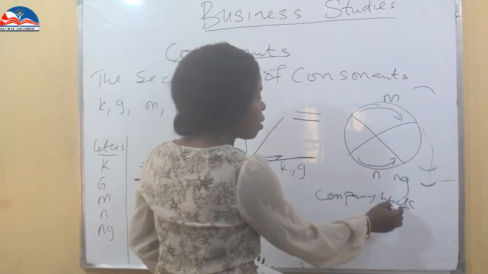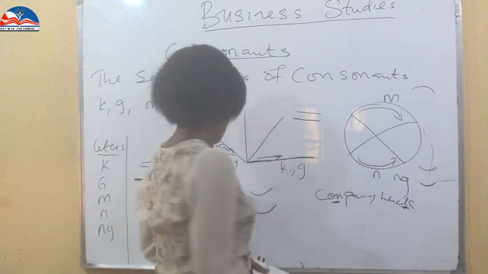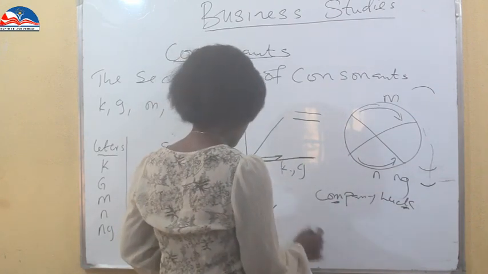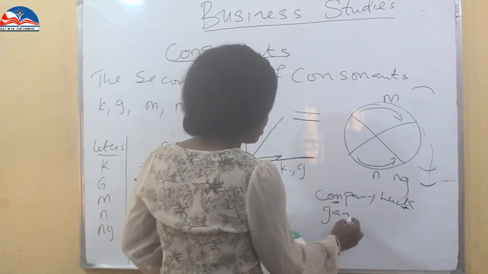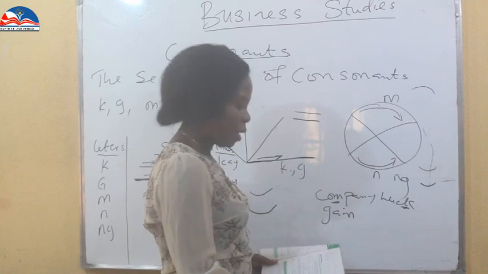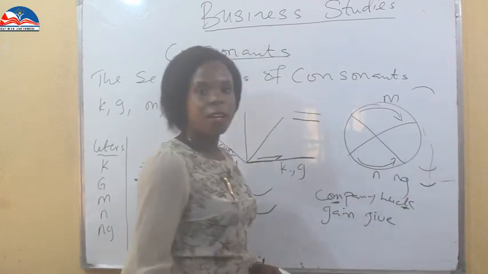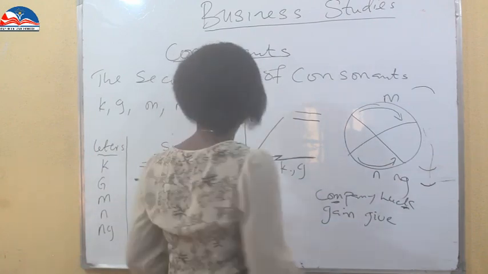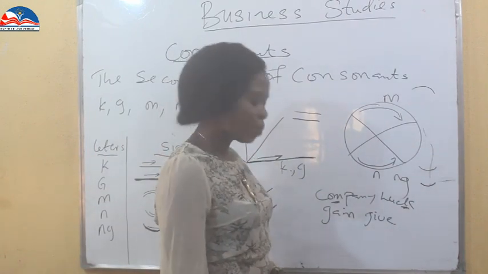The K is here. Now we take the G. Example, we have gain. Gain. We have give. Give. Here is the G sound.